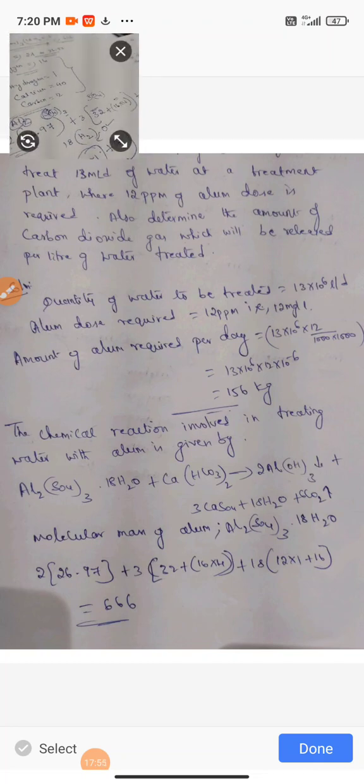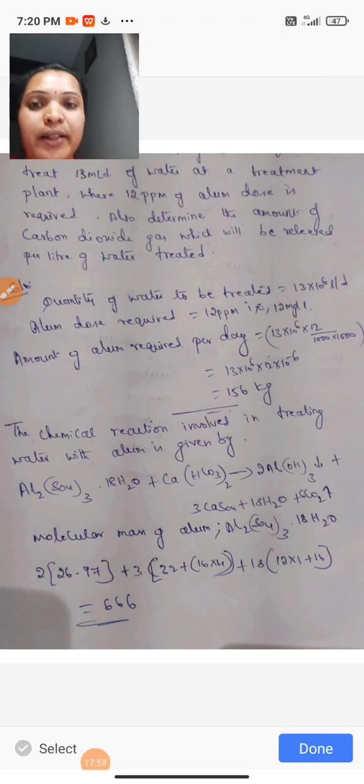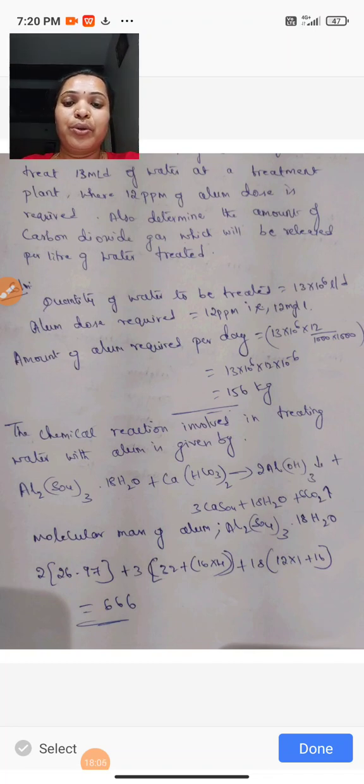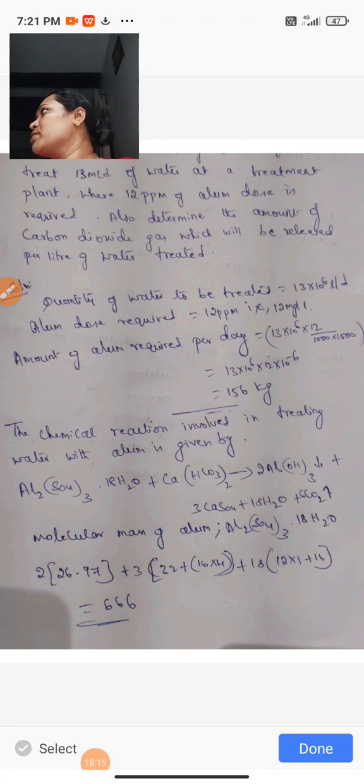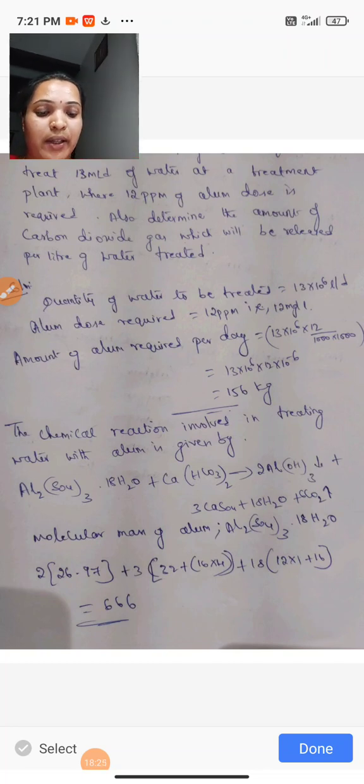In this sheet, I think it is seen: 2 into 27 plus 3 into 32 plus 16 into 4 plus 18 into, instead of 12, you have to take 2 into 1 plus 16. So here the value becomes 666. Okay, the molecular mass of the alum is 666.